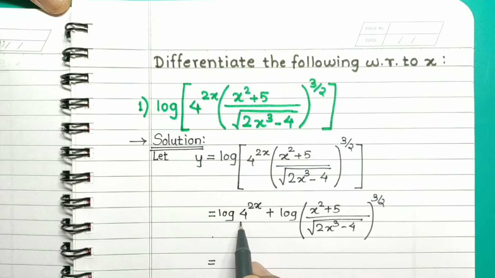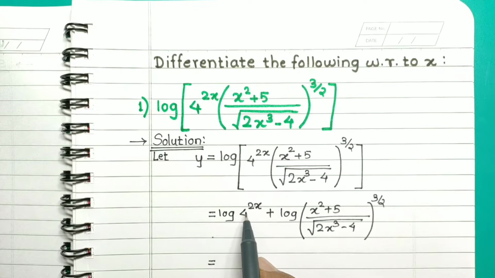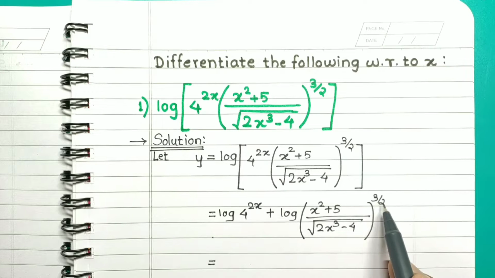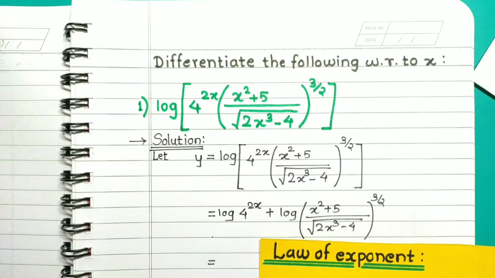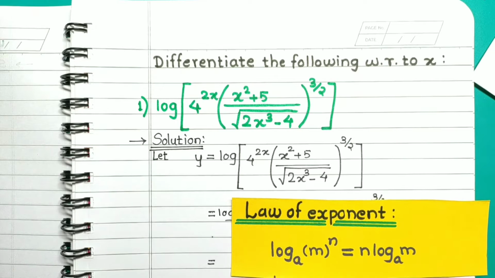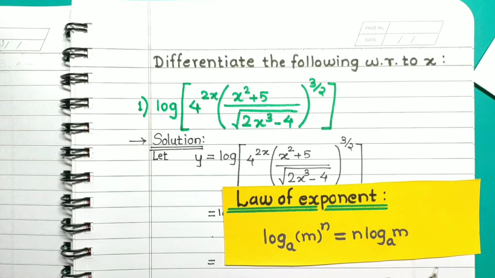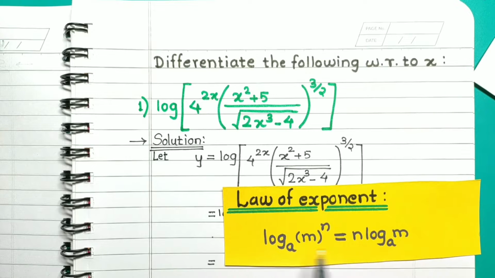Here we observe that the terms in the logarithm are raised to some powers. In the first logarithmic term, 4 is raised to 2x, and in the second logarithmic term, this bracket is raised to 3 by 2. So again, using the law of exponent, we have that log of m raised to n is equal to n into log of m to the same base a.